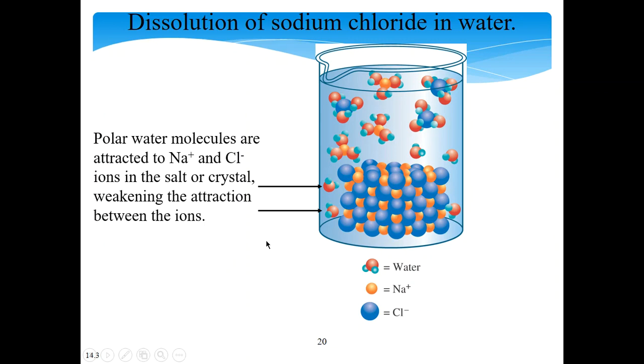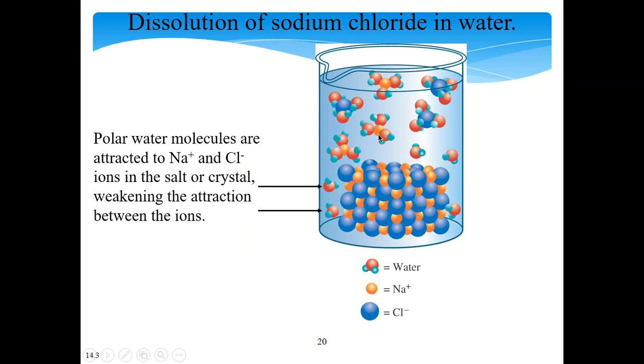The water molecule will approach either the sodium or chloride and form a strong association with the ion. The energy produced from that association will be used to break the bond between the sodium and chloride, and therefore it will pull away the ions.